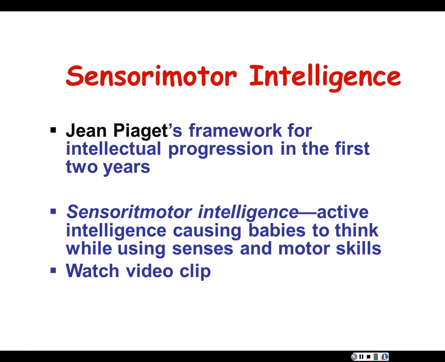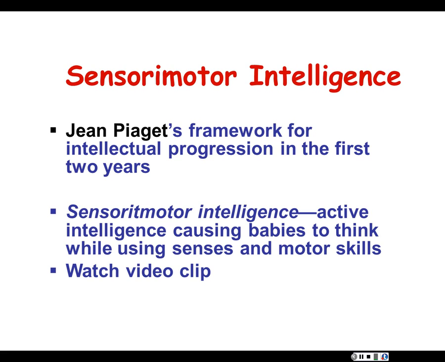So remember, Piaget's theory was a stage theory where each developmental stage is qualitatively different. So it's a discontinuous type of development in his theory.